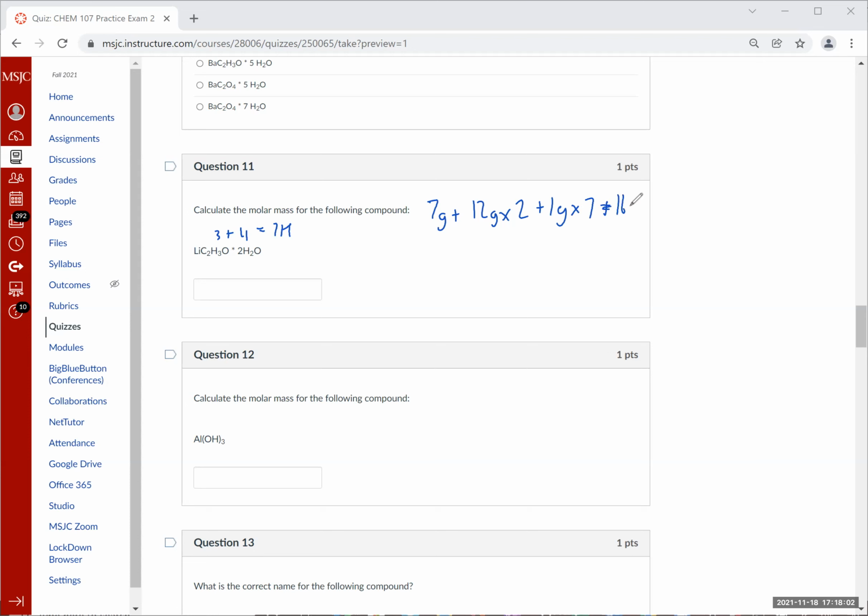Oxygen is 16 grams, and we have 3 oxygens. So in total, for lithium oxalate, we have 7 + 12 × 2 + 1 × 7 + 16 × 3. That gives us 86 gram per mole. Any questions on this example?